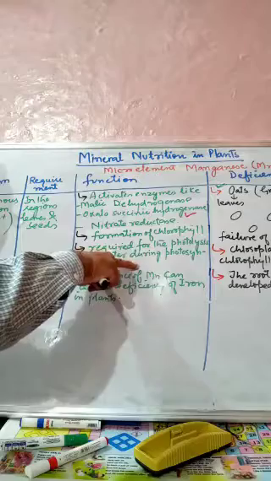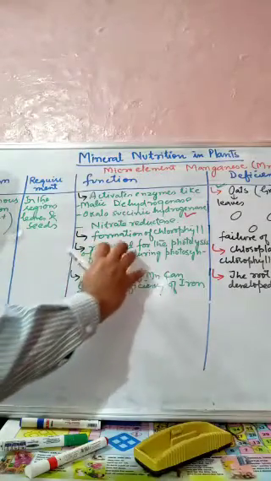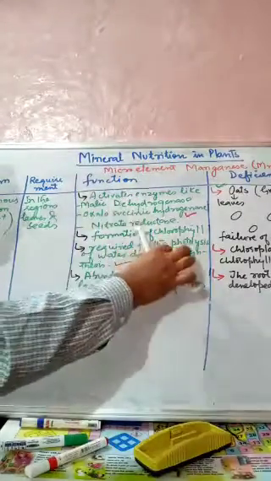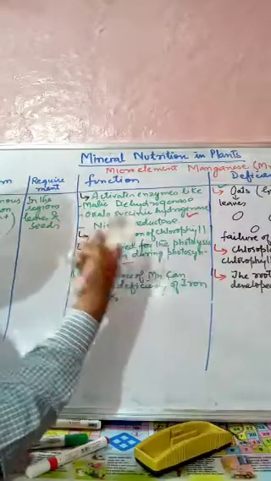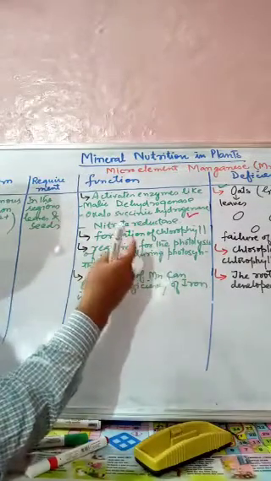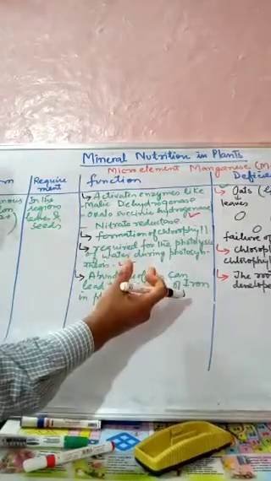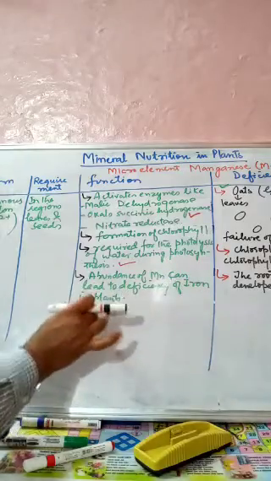So manganese is required in the thylakoids in order to split the water to form molecular oxygen during non-cyclic photophosphorylation. One more thing, when there is an abundance of manganese, it leads to deficiency of iron in plants.